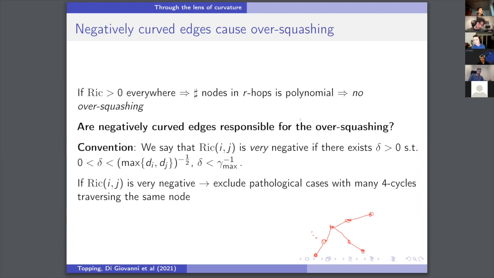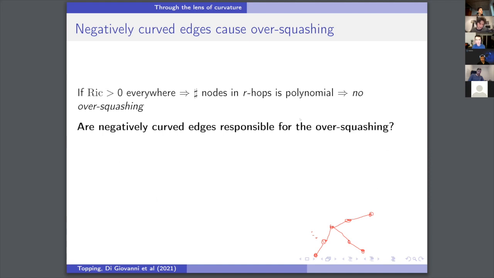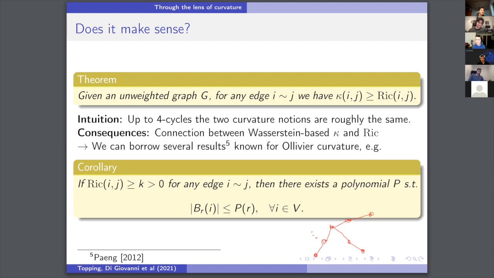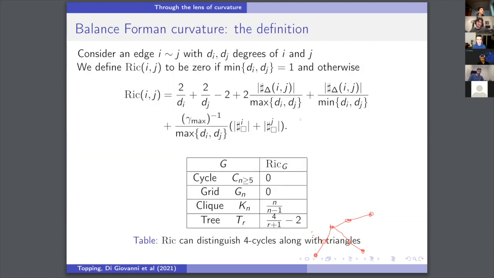Because the center node has degree 3, and then 1 out has degree 2, so you get 2 over 3 plus 2 over 2, maybe 1 2/3, and then minus 2. I think you may be right, if the graph you're talking about is the red one you've drawn. Can you maybe go back to the formula so everyone has it?